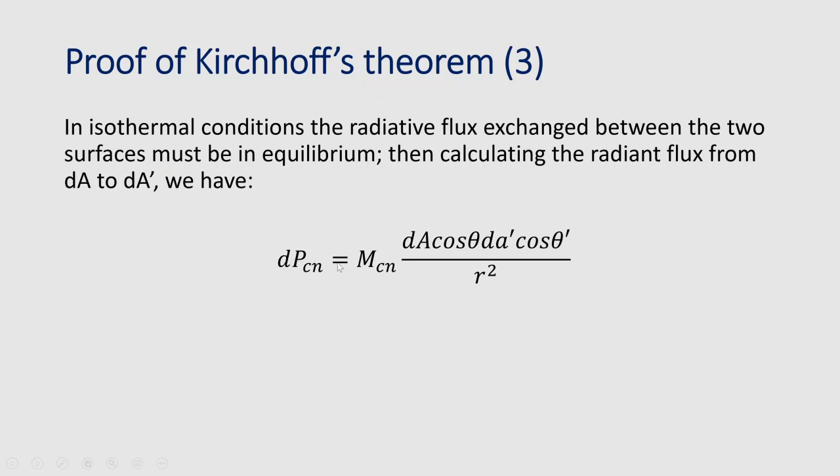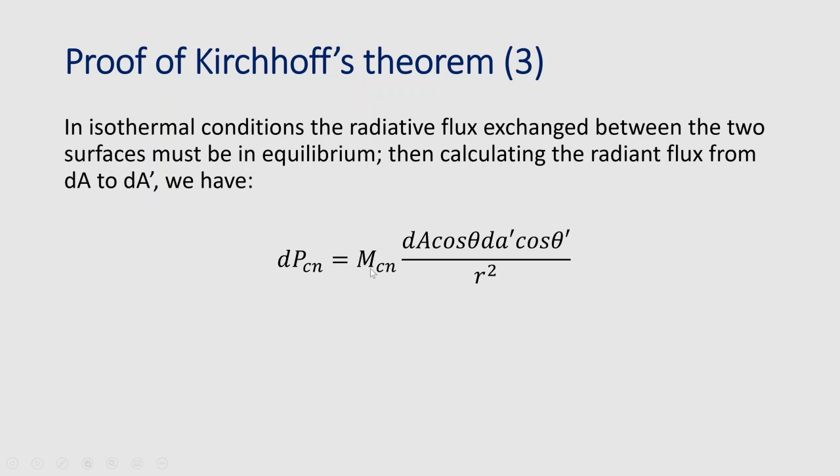That means this quantity will be equal to the excitance of a black body multiplied by the ratio we calculated before, taking into account the irradiance and the distance between the two surfaces.